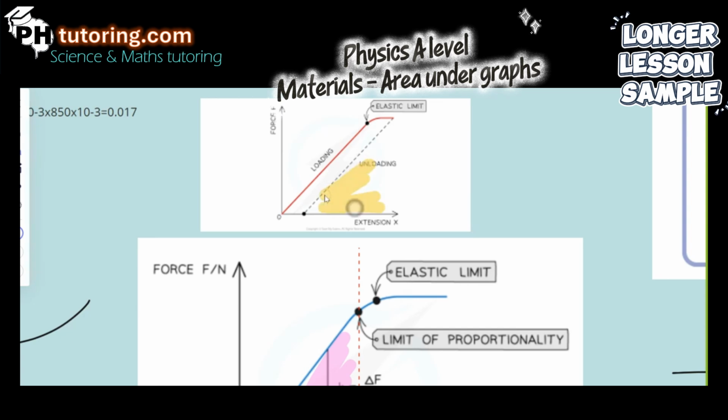But that would be a smaller area. And so you've got this area here, and this would be the energy lost. And that's going to be the energy lost as heat. And you'll only get that once it goes past its elastic limit. Otherwise, when it returns, it just returns back down the same line, and you can see that there's no difference in the two areas.